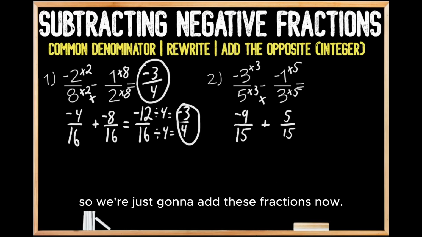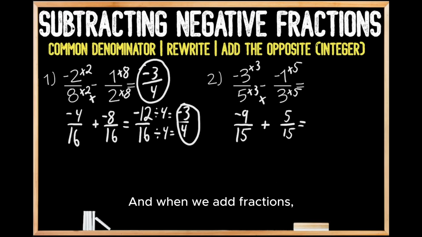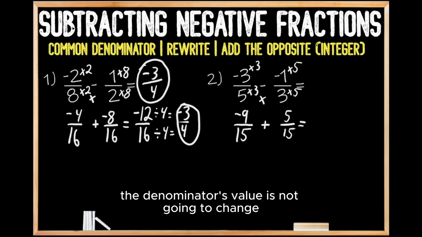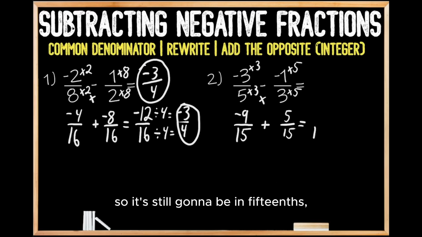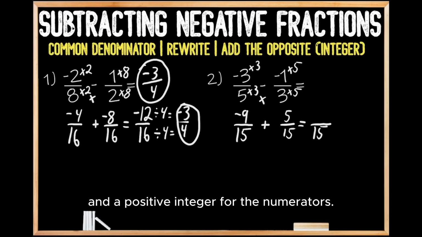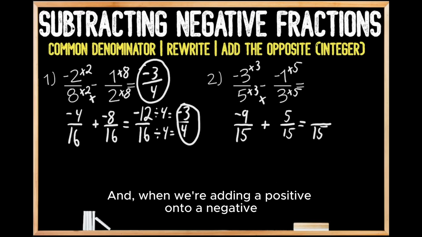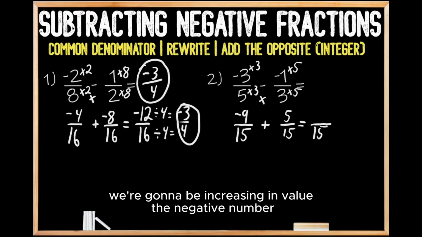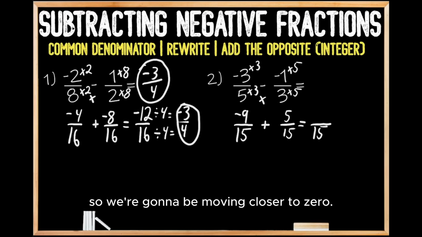So we're just going to add these fractions now. When we add fractions, the denominator's value is not going to change, so it's still going to be in 15ths, but we are adding a negative integer and a positive integer for the numerators. When we're adding a positive onto a negative, we're increasing the value of the negative number, so we're moving closer to 0.